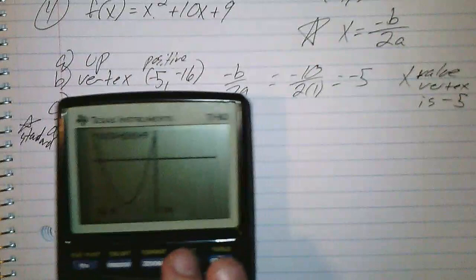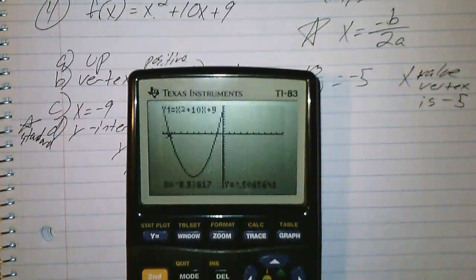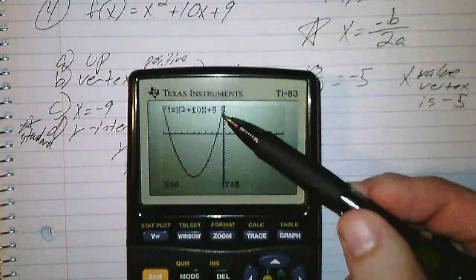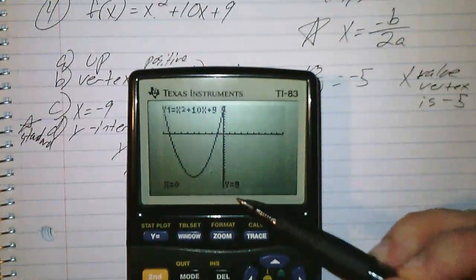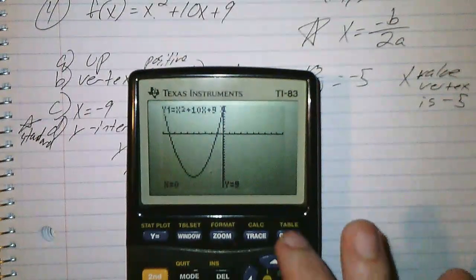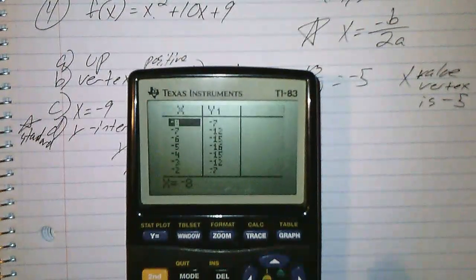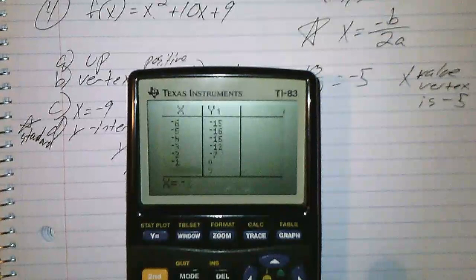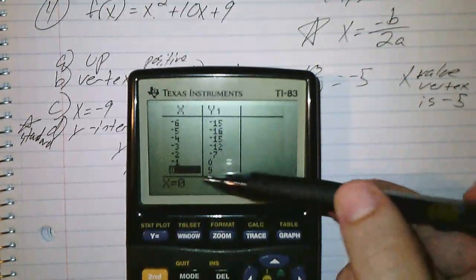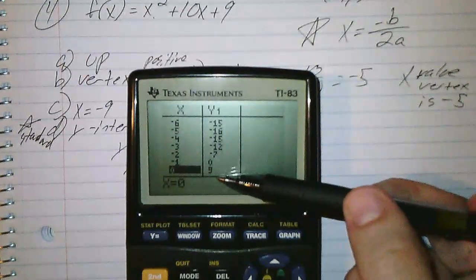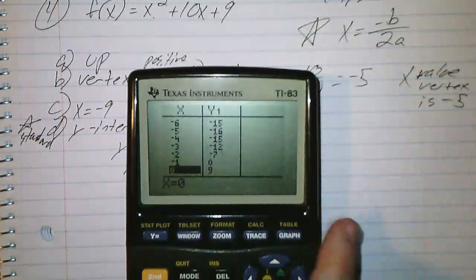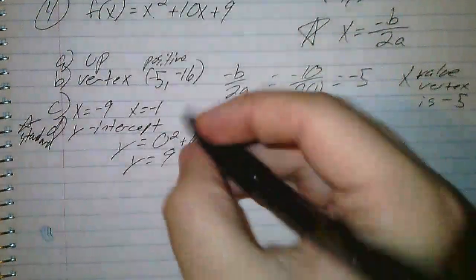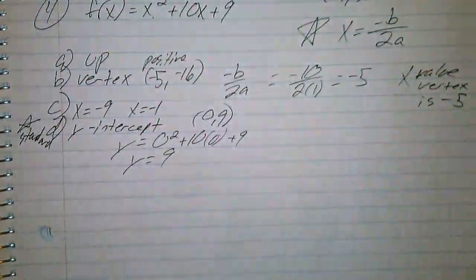Or again, if I hit trace, if I hit that x is 0, that would give us the y-intercept, because when we're on the y-axis, x is equal to 0. If I went to the table, this is another way we can spot the y-intercept. We should know that if x is 0, we are on the y-axis. So 0, 9 for the y-intercept.